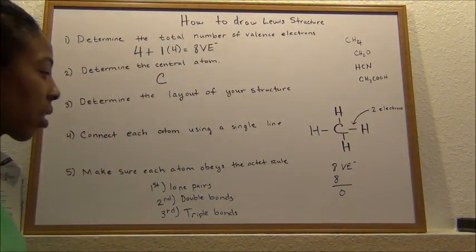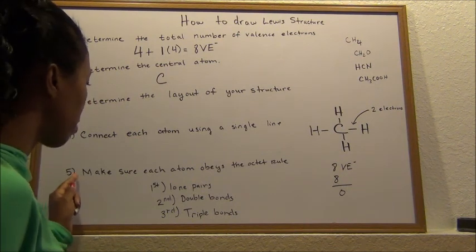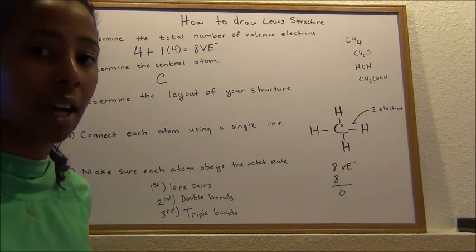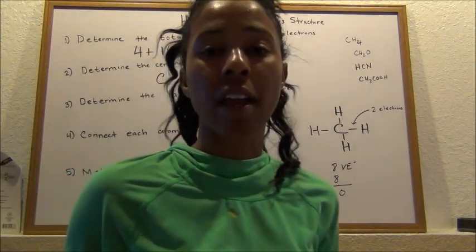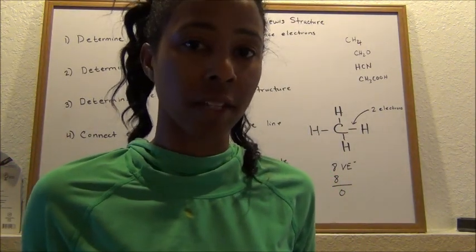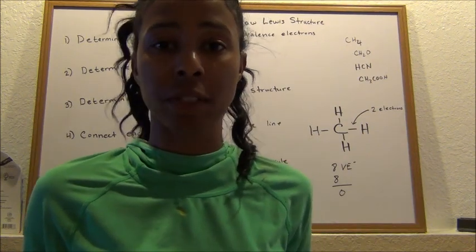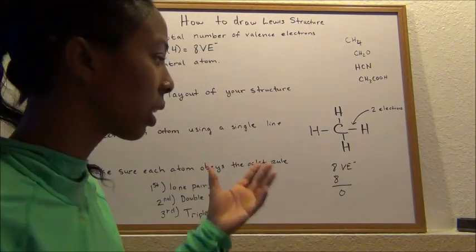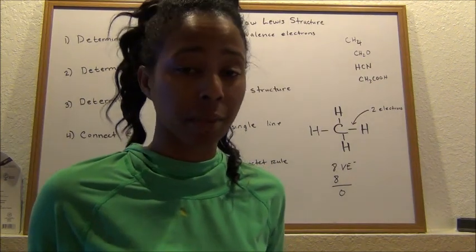Now, the next thing I'm going to do is go back and make sure that each atom obeys the octet rule. Every atom should obey the octet rule except hydrogen. Now there are some exceptions to that rule, but right now we're really not going to deal with those exceptions.